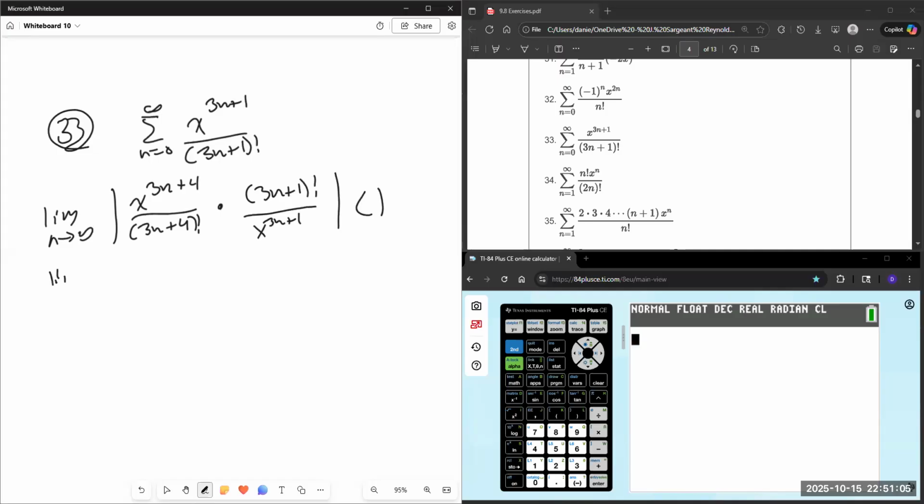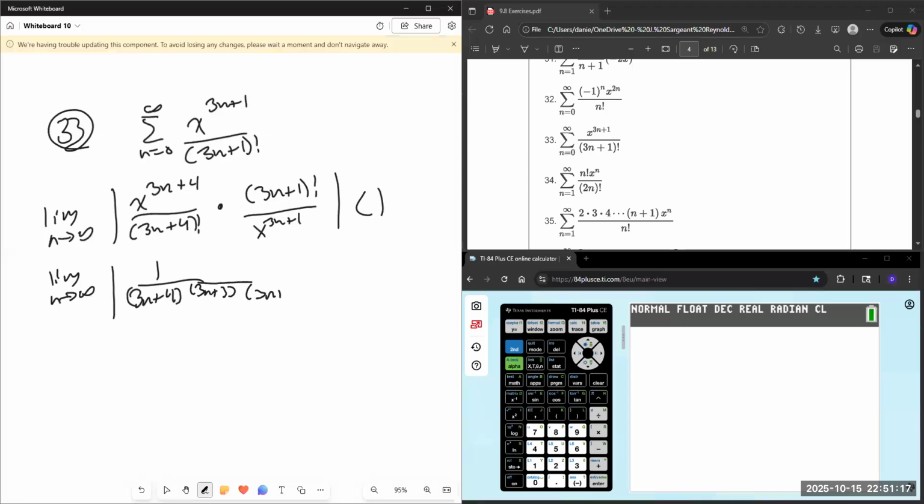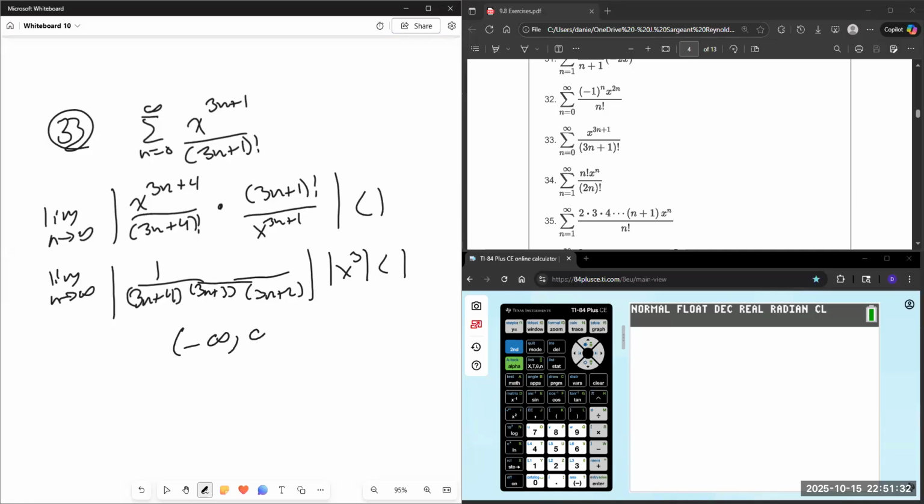Limit as n goes to infinity of 1 over 3n plus 4, 3n plus 3, 3n plus 2, and then I have x to the third less than 1. This is going to go to 0. So my interval is negative infinity to infinity. My radius is also infinity.